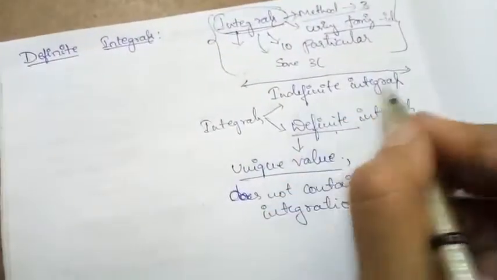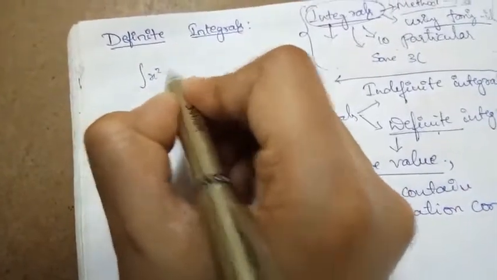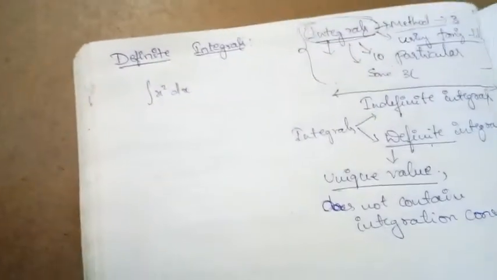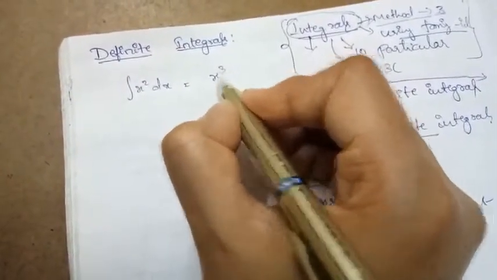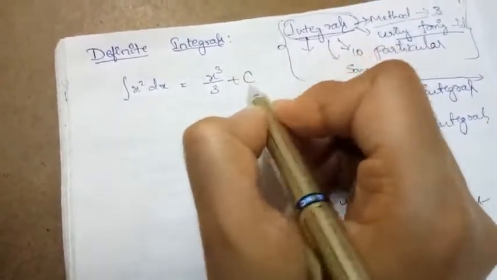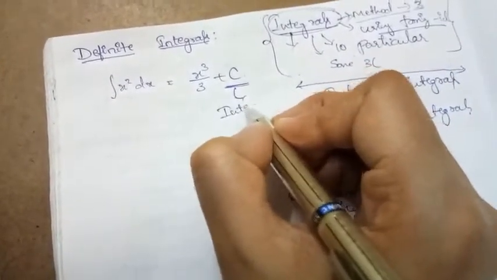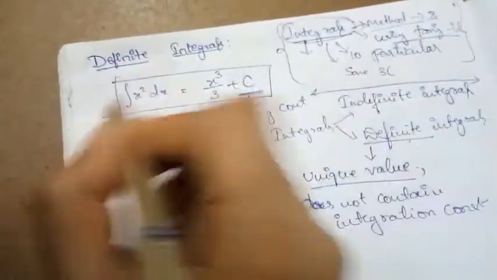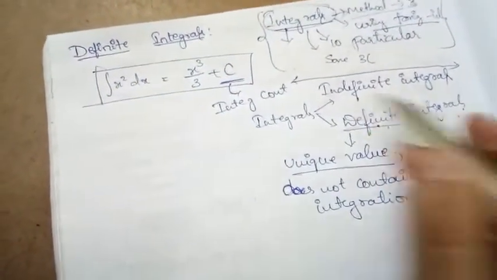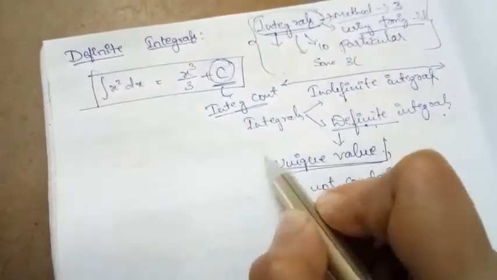In the indefinite integral, if I ask you to integrate x square dx, the integration of x square dx is x cube by 3 plus c, where c is the integration constant. But in a definite integral, we do not have this integration constant, and whatever value we get is a unique value.